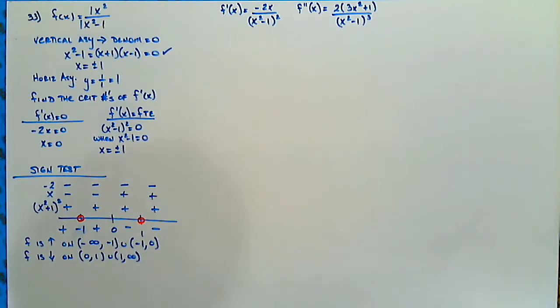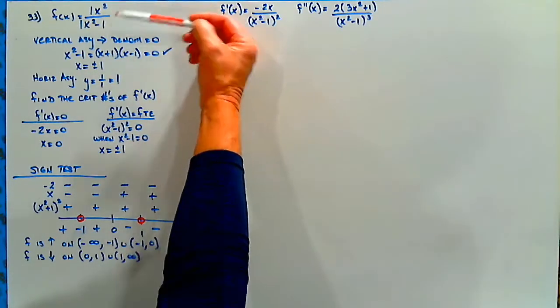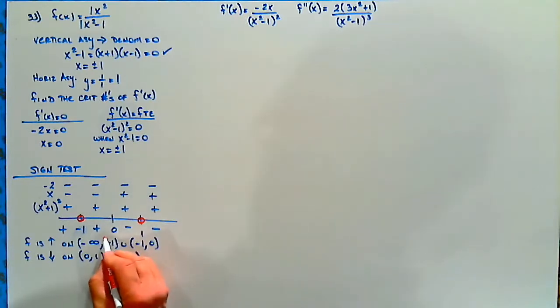Do we have any local mins or local maxes? Well, right here, we have 0 in the domain, right? If I put 0 here, I get 0 divided by negative 1. That's in the domain. The function is increasing, and now it's decreasing.